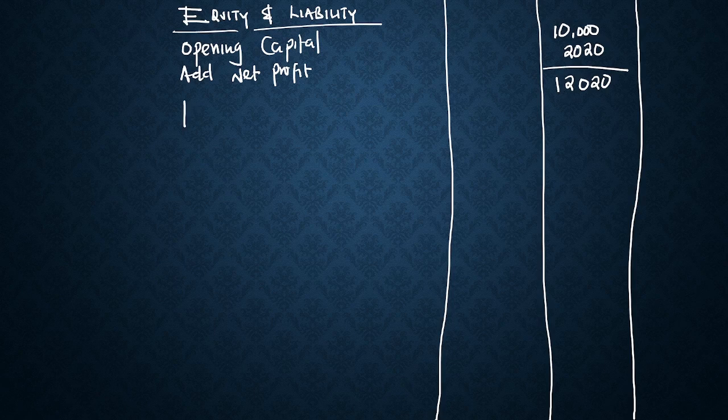So the drawings, their job is to reduce that capital. Less drawings. On our drawings, we had the 3.2 million plus the 340.